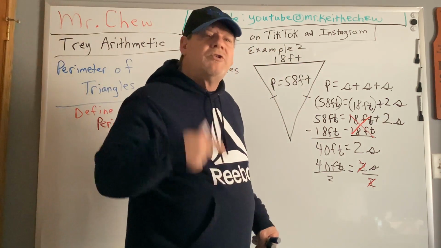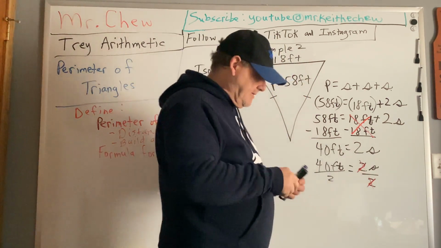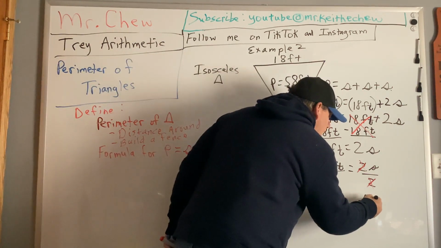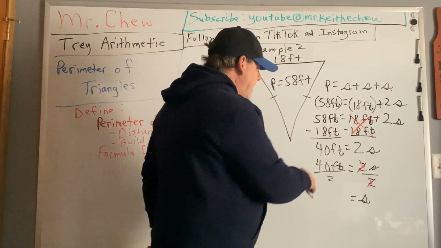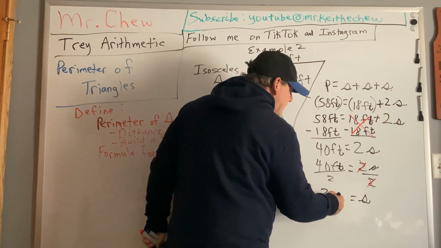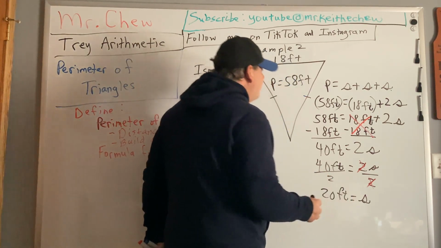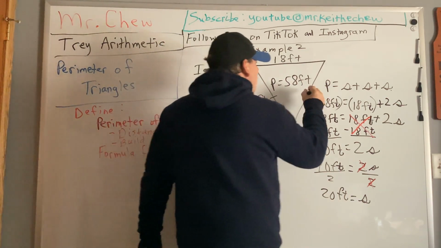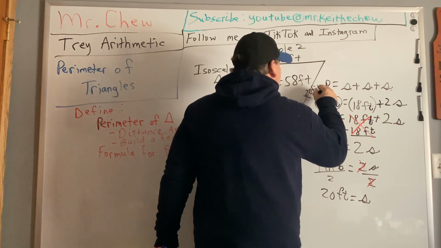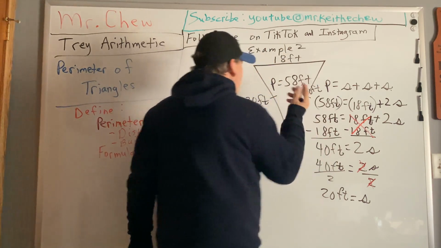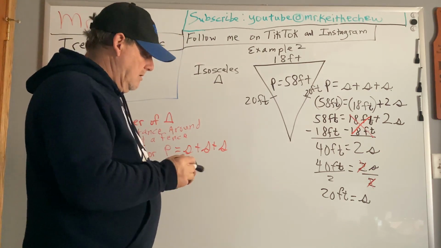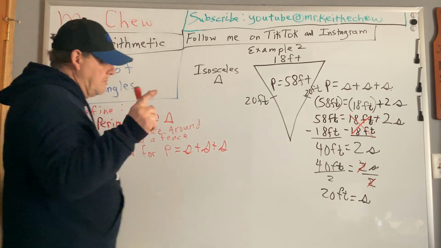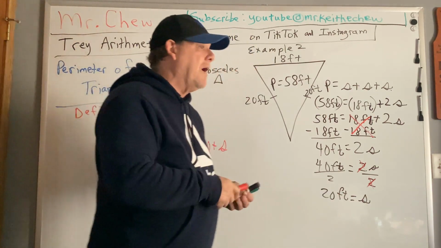What does that mean? 2 over 2 is 1. And 1 times s is s. And so this is going to give me the side length, which is what I want. And then 40 divided by 2 is 20. And the unit is feet. So this will be a 20-foot side here. And this will be a 20-foot side here. And now we have our dimensions. And the units will always be to the first power. That's why it's just feet to the first power.